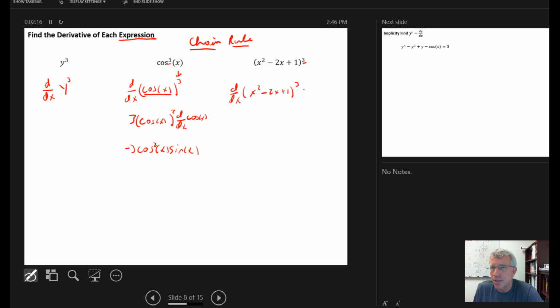So this one would be the same song and dance. We would say, hey, I have a function composition. I have the second degree polynomial inside of the cubing function.